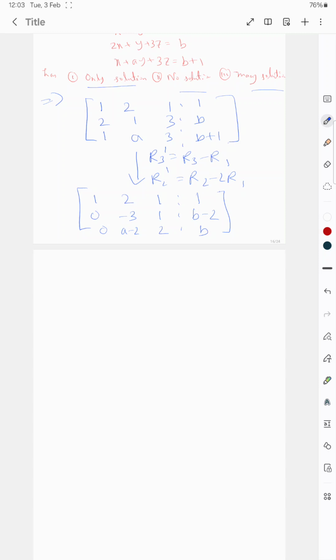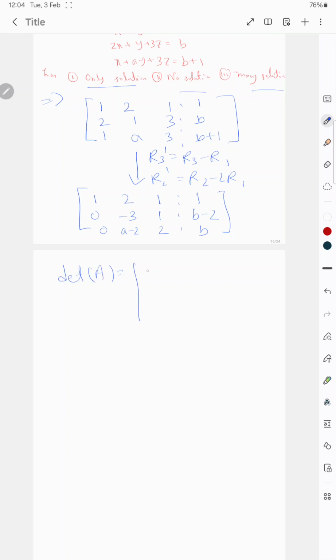Now you have this type of thing. Now you just see the last one. Okay, this will guide you what the solution is. So first thing, what is the determinant of your normal matrix A?